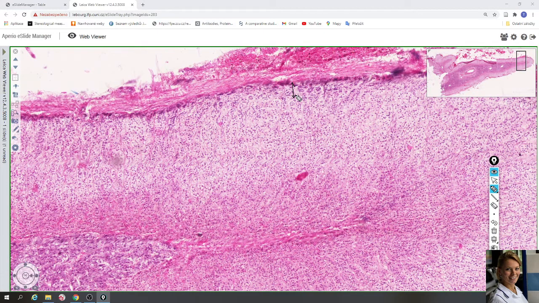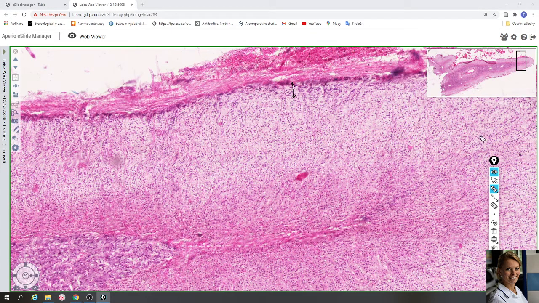In zona glomerulosa, the cells are arranged into ovoid groups or clumps, surrounded by sinusoidal capillaries. Here, the ovoid clumps of cells in zona glomerulosa, for example here also.